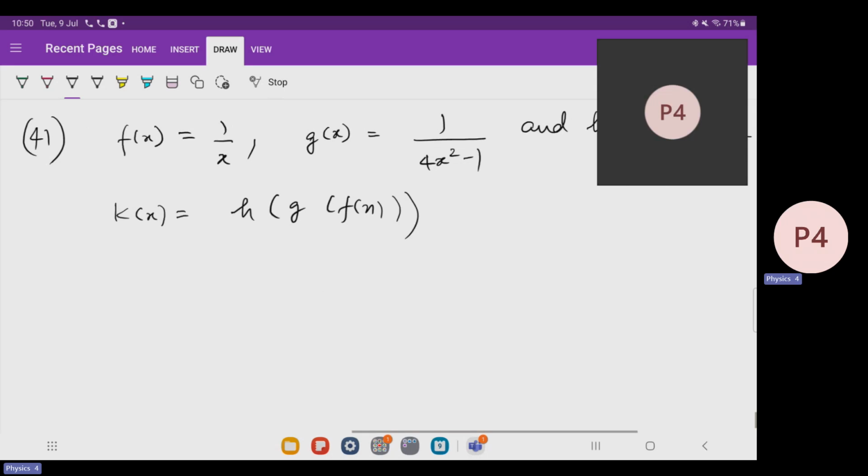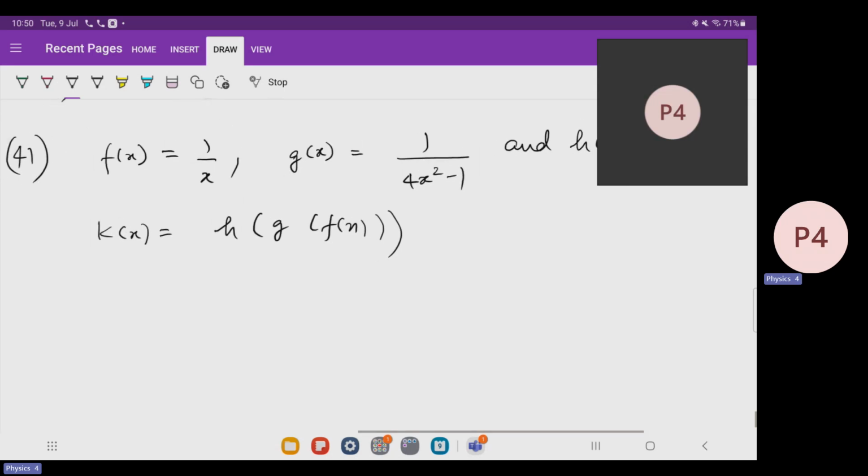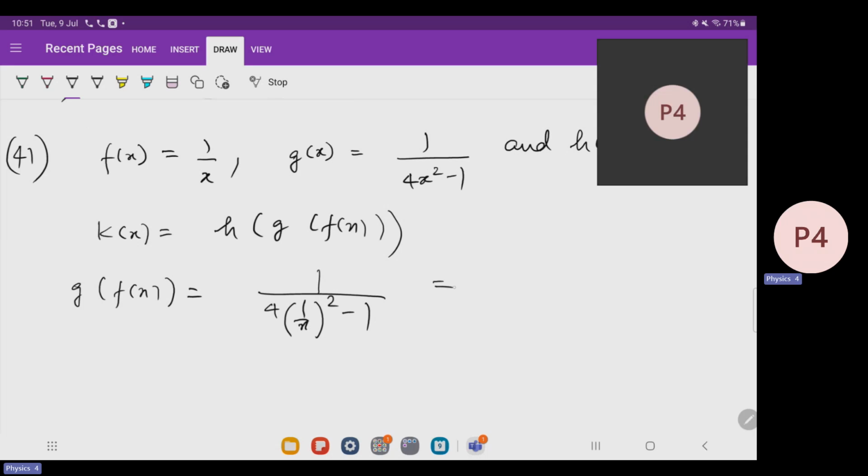So we'll first find the domain and range of k of x. So we'll first find the function k of x. First, what would be g of f of x? g of f of x would be, in g we substitute f. This is 1 upon (1 upon x) whole square minus 1. If you simplify this, this is x square upon 4 minus x square. What is h of g of f of x?